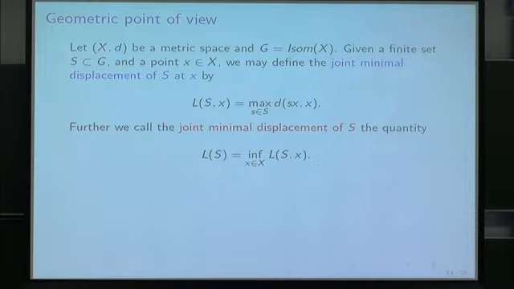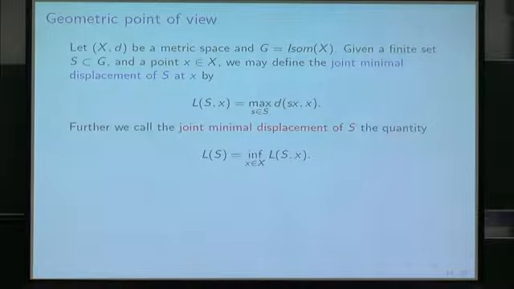Here (X, d) is a metric space. Now G is the isometry group of X. Then, in the same way as we define the joint spectral radius, you can define what I would call the joint minimal displacement of S. This is a classical thing, used many times in geometric group theory, maybe not with this name.